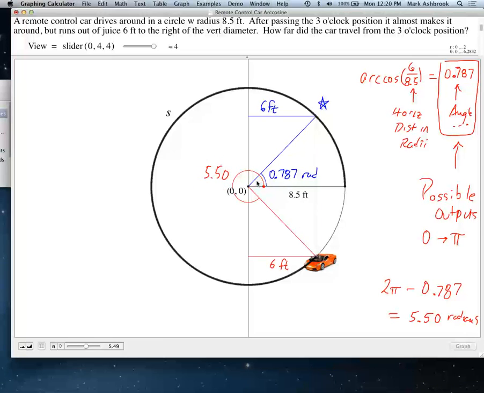Yep, so that amount of openness is the amount its rays would cut, 5.50 radius lengths. So 5.5 radius lengths would be a total of 46.71 feet. Say it again, what'd you say? I got 46.71. 46.7 feet.